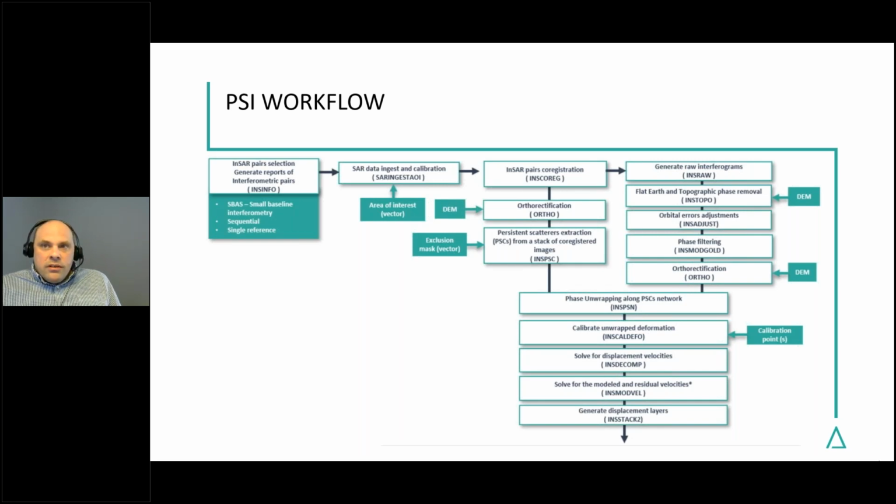You look at the center of the image, take the point with the lowest amplitude dispersion, and use it as an anchor point, mostly to remove all the offsets due to the unwrapping. With every unwrapped network you have an offset that is inherent to the phase unwrapping, and they anchor those together using this point.